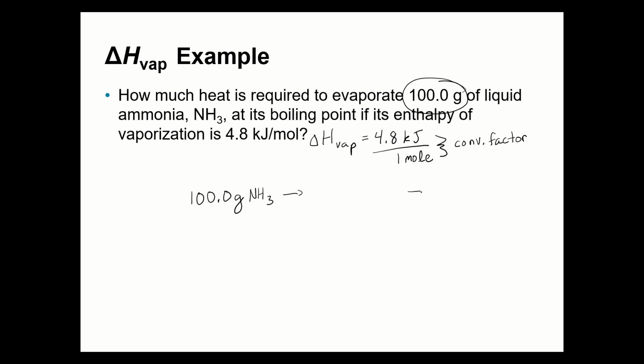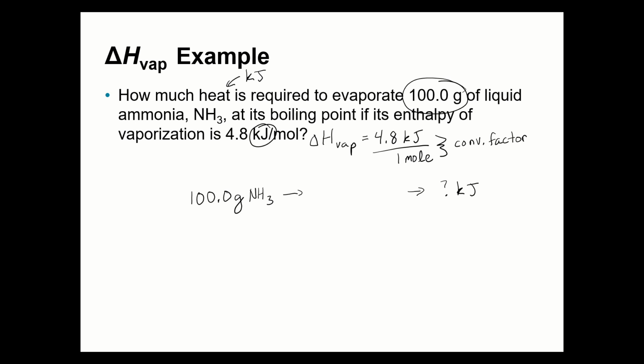So at the end of this, heat is going to be represented either in joules or in kilojoules. Since they are giving us the heat of vaporization in kilojoules, chances are they want to know how much heat in kilojoules.